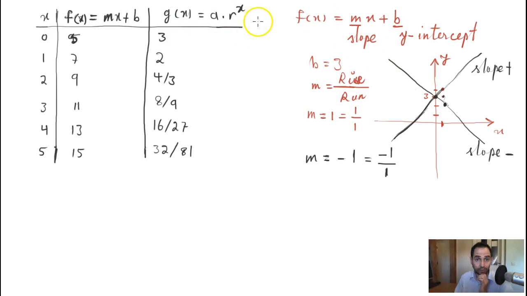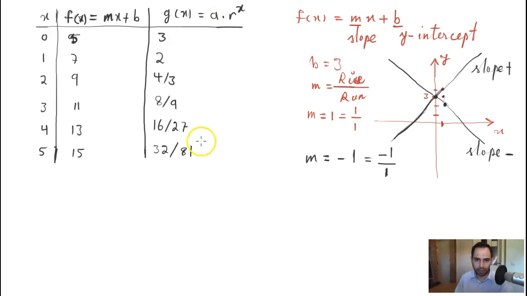And you already know about exponential functions. It has a common ratio, this r, which we have talked about in the previous videos, and it has also a y-intercept.